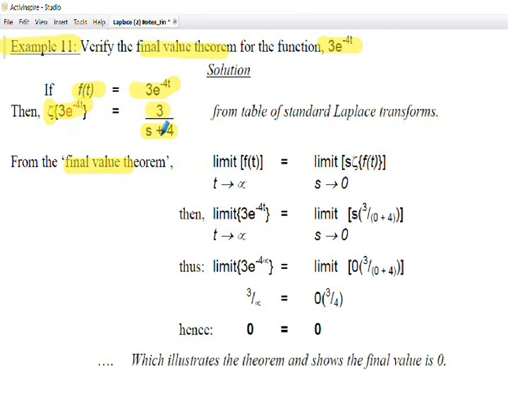So on the left hand side, our limit of function of t is tending to a large duration of time, we'll call that infinity. So in this case the limit is of the function of t, 3e to the minus 4t. We're going to put the value of t equals infinity. Now just think this through here. We're putting the value of infinity for the t, so we've got 3 times e to the minus 4 times infinity.